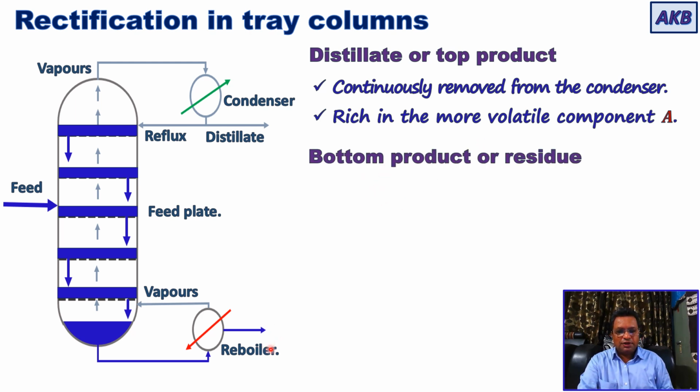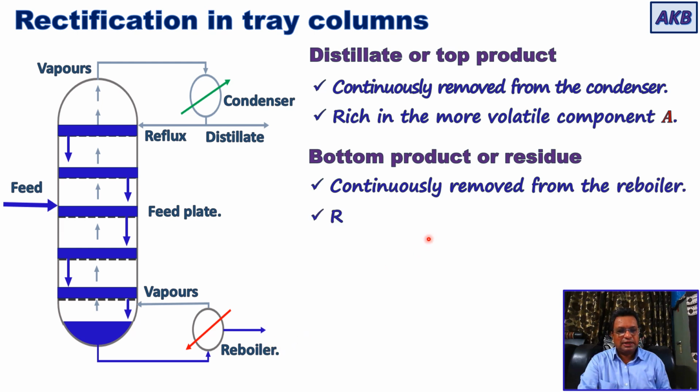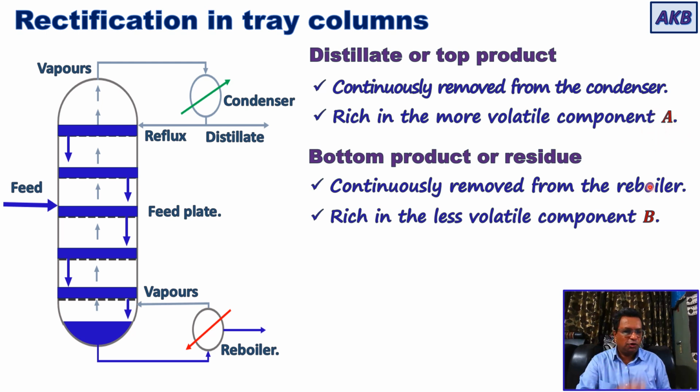The bottom product, which is taken out from the reboiler, you can also call a residue. The bottom product or the residue is continuously removed from the reboiler, and it will be rich in the less volatile component. In this case it is B. So in this way you are able to get an A-rich solution at the top and a B-rich solution at the bottom, and you can increase its purity.